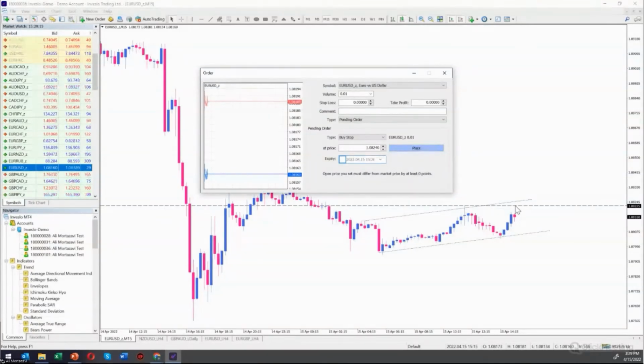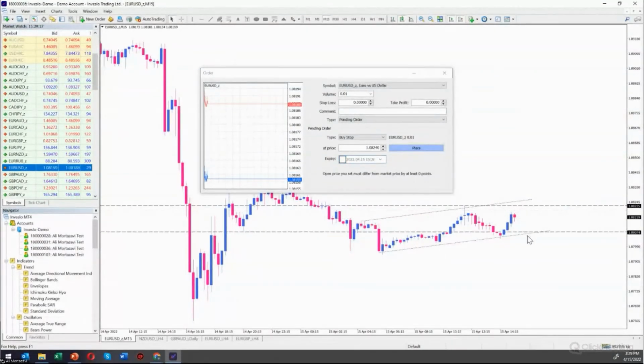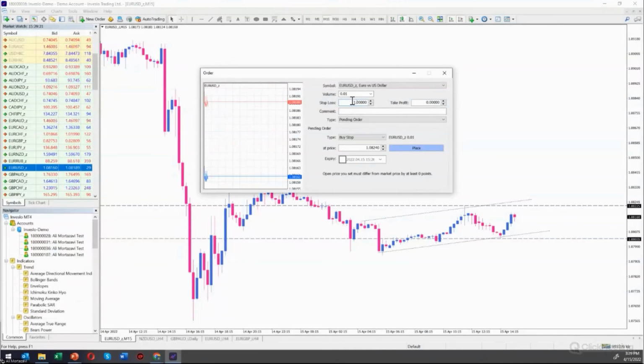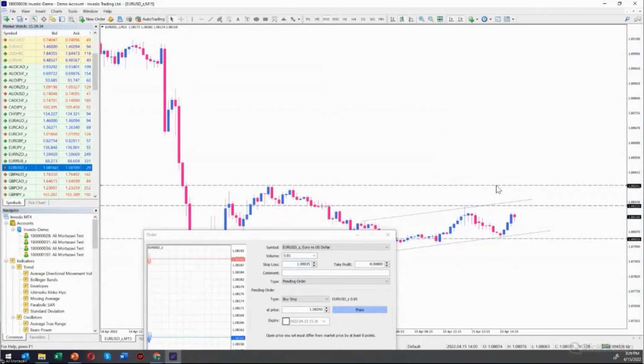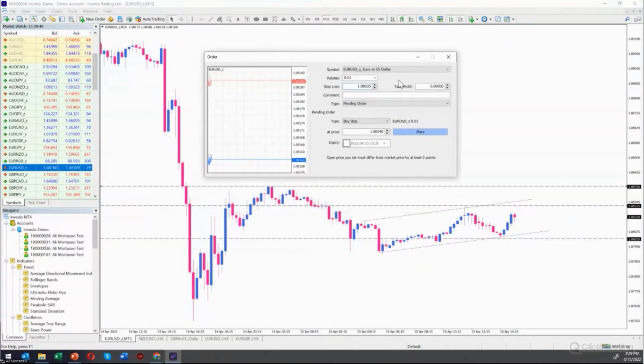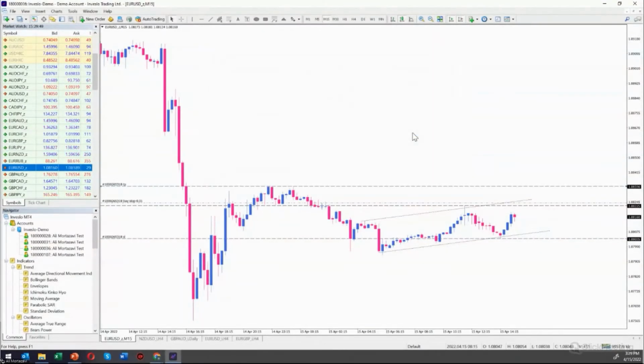By the way, there is no limitation on placing your stop loss, for example, here at 1.08035, and also you can have your take profit somewhere here, let's say near this important resistance level at 1.08336. In that case you can place your order, and let's see what happens.